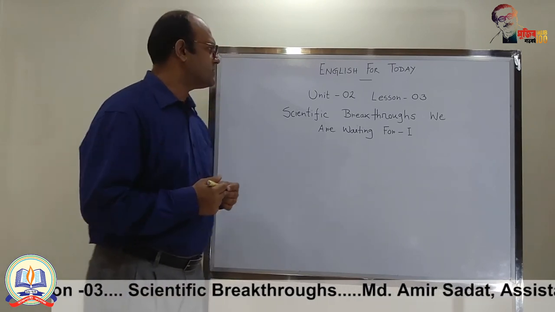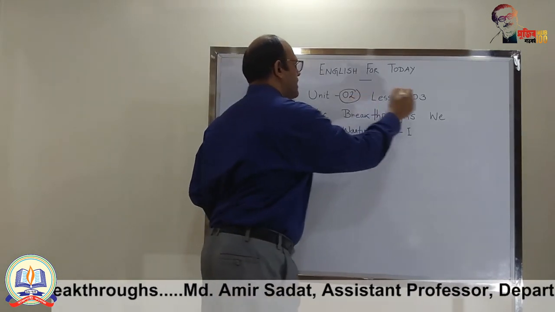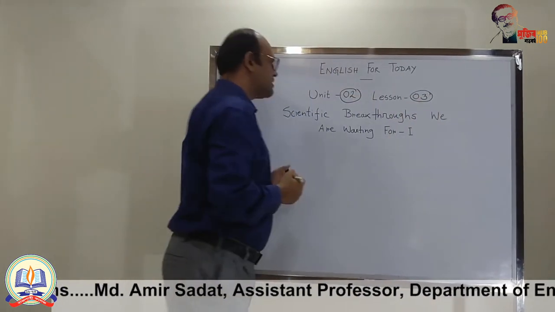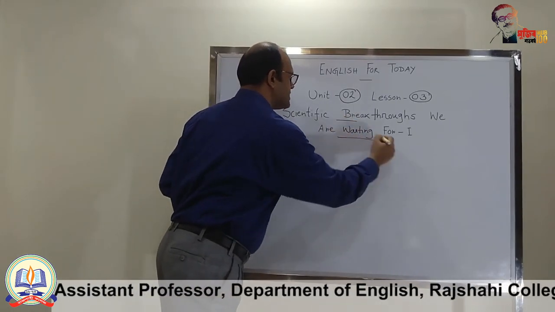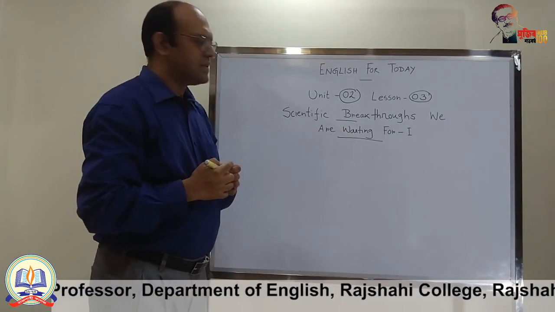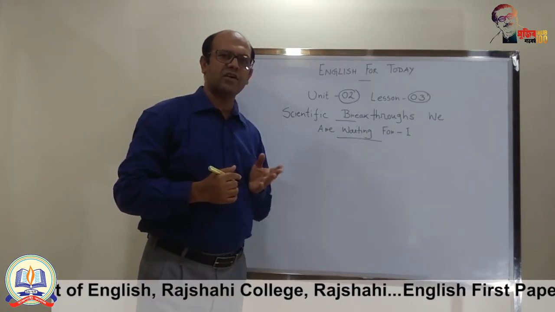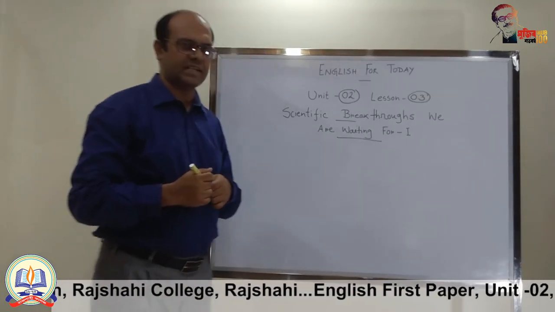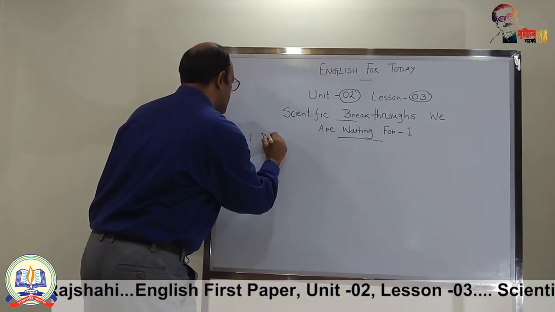Today, I will discuss Unit 2, Lesson 3, and today's title of the lesson is Scientific Breakthroughs We Are Waiting For. There are some scientific breakthroughs which have not yet been invented. Number one is DNA computer.